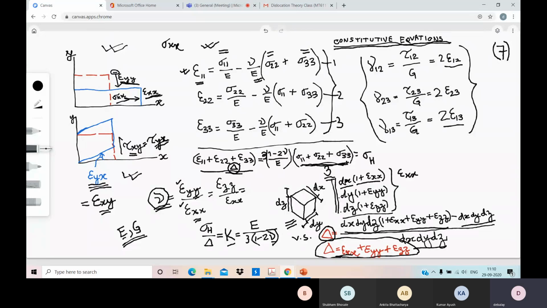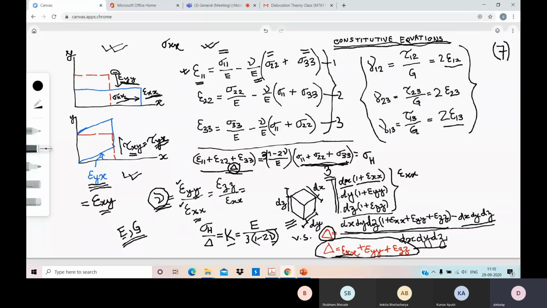Sigma 11, sigma 22, sigma 33 are basically your stress tensor components, and their sum need not be 0. That may be 0, but there is a high chance that it will not be 0. It can be positive or it can be negative.